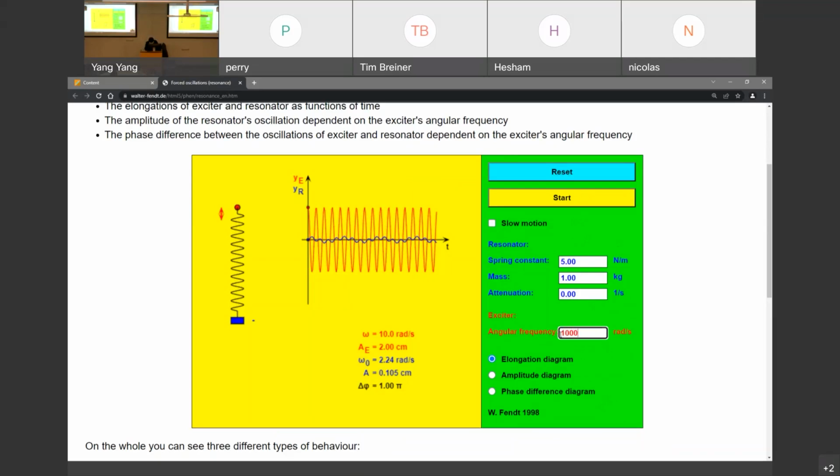Let's reduce the spring constant to 0.01, or increase the mass. Something has to be 1,000. We're not happy until something.